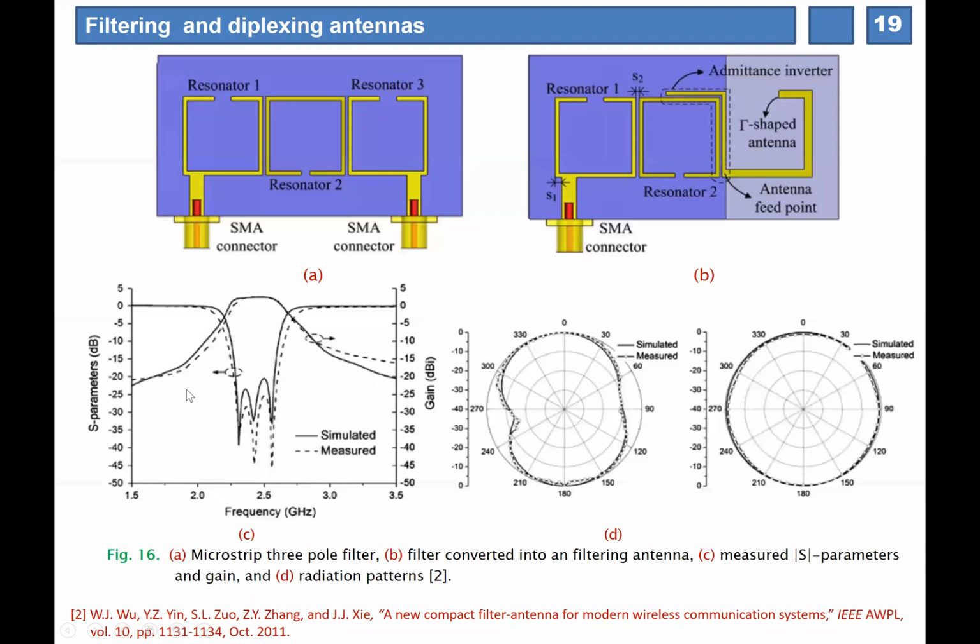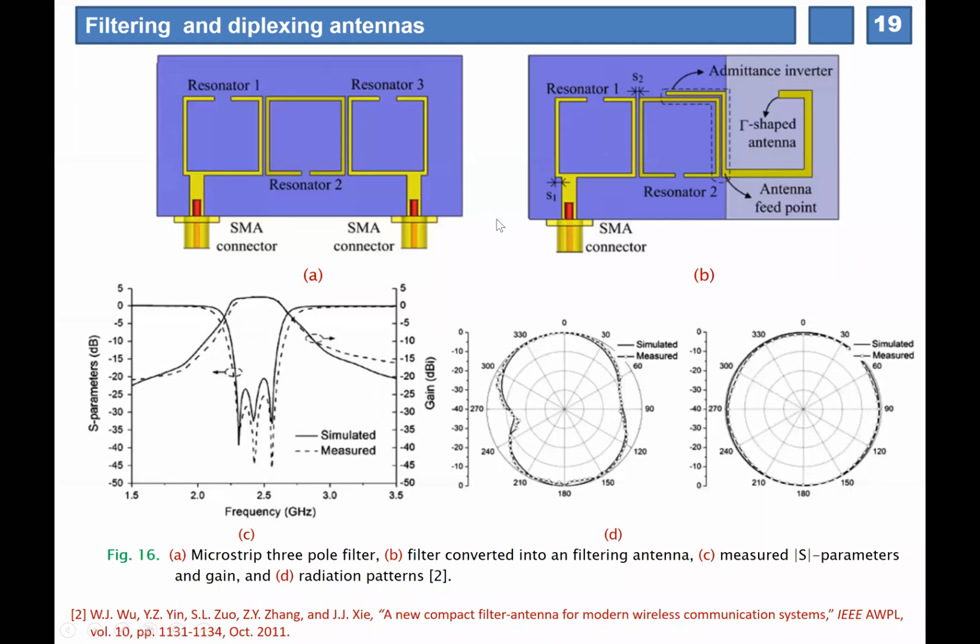Definitely some power will reach the antenna that actually exists within this band. So in that band, it has higher gain, and beyond that band, at higher frequencies or lower frequencies, the gain is decreasing.